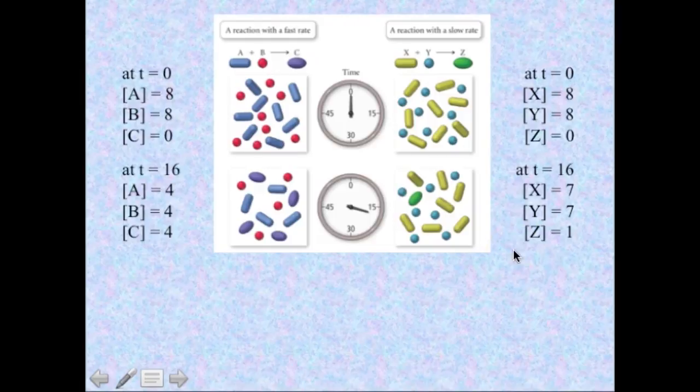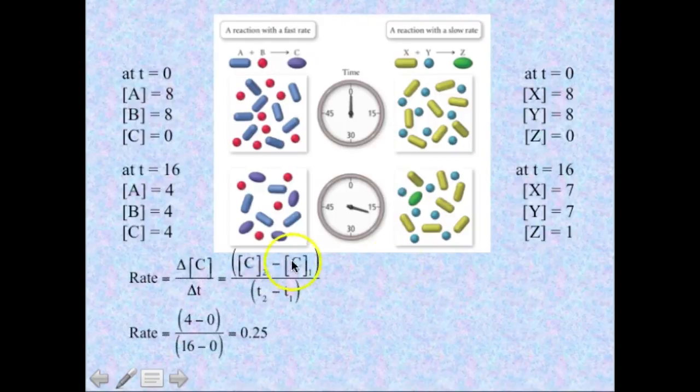Now let's write rate equations for each one. For the first one, rate equals the change in concentration of C divided by the change in time. Now remember, delta in almost all aspects of chemistry is calculated on the basis of the final step minus the initial step. Final minus initial.